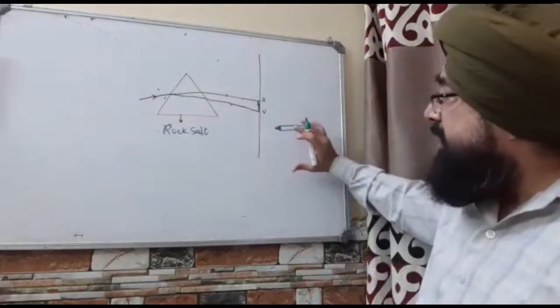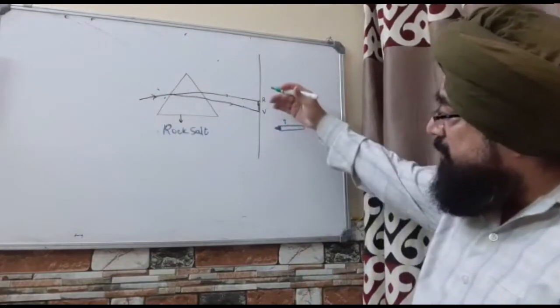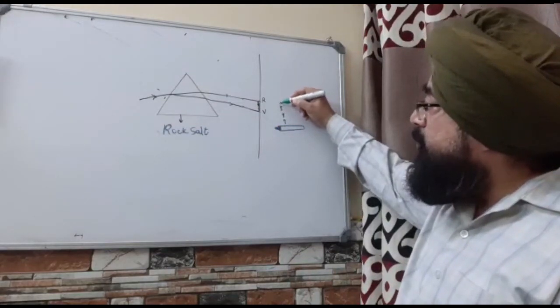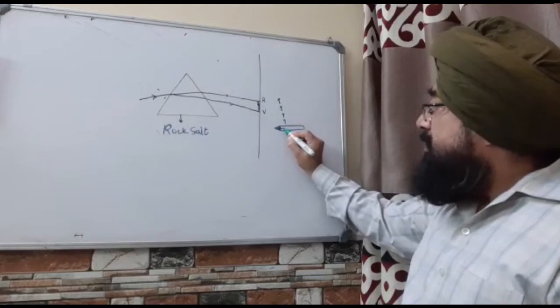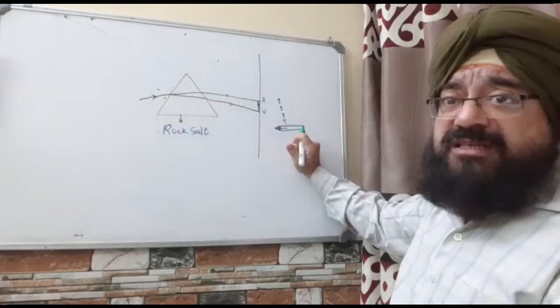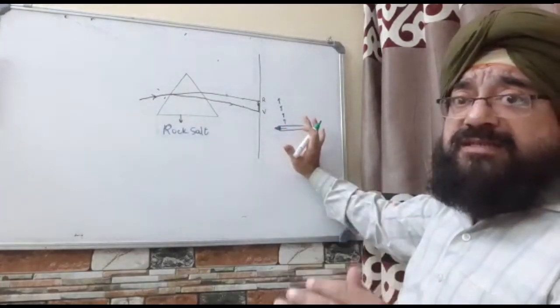So if you move a blackened bulb thermometer from the violet, ultraviolet spectrum, towards the visible spectrum, you will see no effective rise in temperature. Temperature is more or less the same.